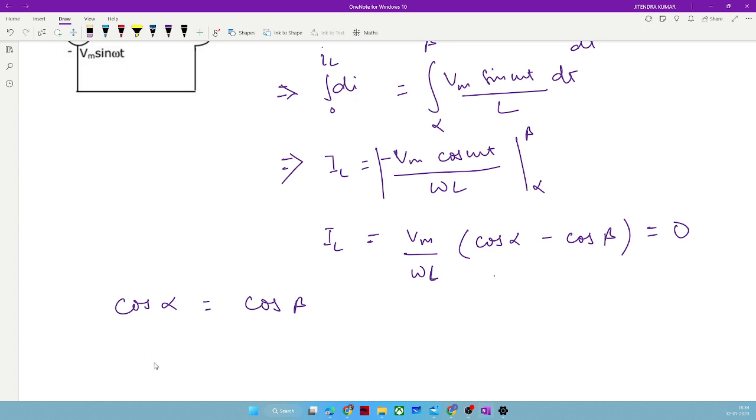See, when alpha was 120 degrees, cos beta should have some value which should be equal to cos alpha. So that means 2n pi plus minus 1 into alpha, I guess.